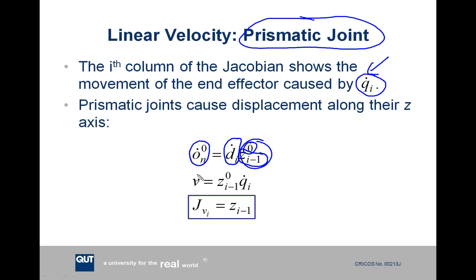If we rewrite this, the velocity of the tool point is z i-1, 0 times q dot i, which is the joint variable velocity. If we switch this around a little bit, this corresponds to the Jacobian matrix component, because in our general form we've got tool point velocity equals something times your joint velocity. So this thing is going to be your Jacobian component.